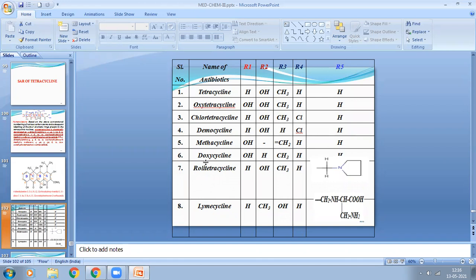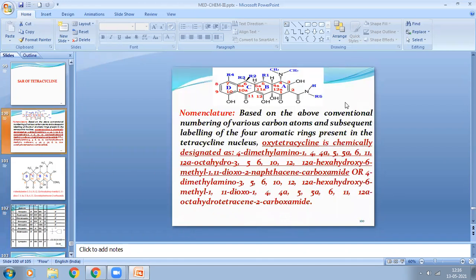So in case of SAR, you remember the first point, the keto-enol tautomerism between C2 and C3.